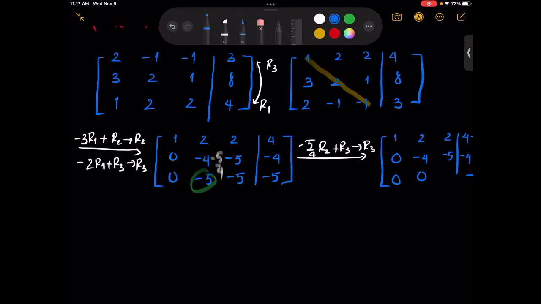So negative 5 divided by 4 times negative 5. Why do I have a syntax error or something? I did something wrong.